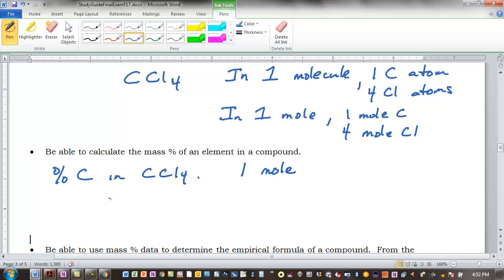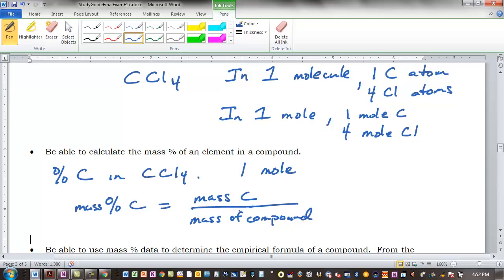And so since we want mass percent of carbon, it's going to be the mass of carbon divided by the mass of the compound. That would be a fraction, so part divided by the whole, right?